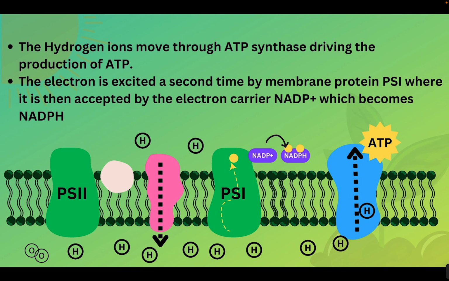This is going to create that concentration gradient that we need to power a protein called ATP synthase.